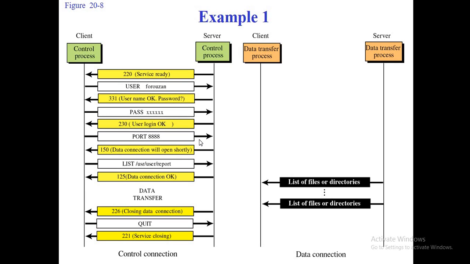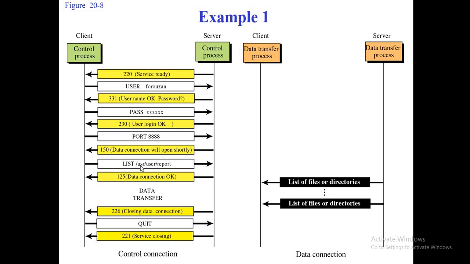Till now it is the control connection. Now the server should initiate a data connection. That's the reason the client is saying port 8888. That means please make an active connection on this port number. So server port will be 20 and client port will be 8888. So the server initiates a data connection. Now the data connection is established.